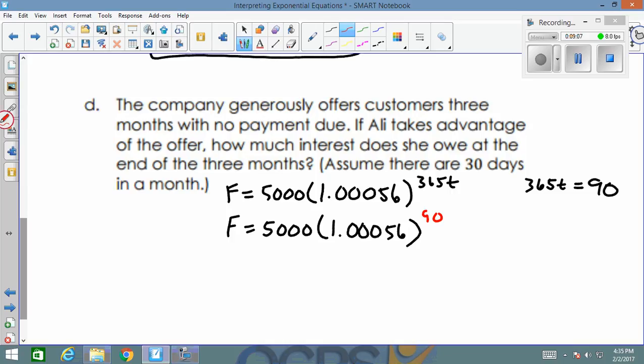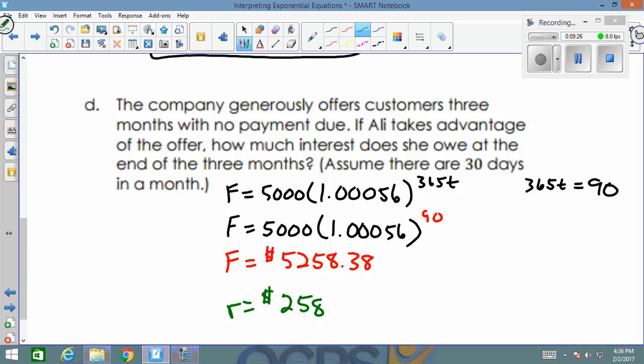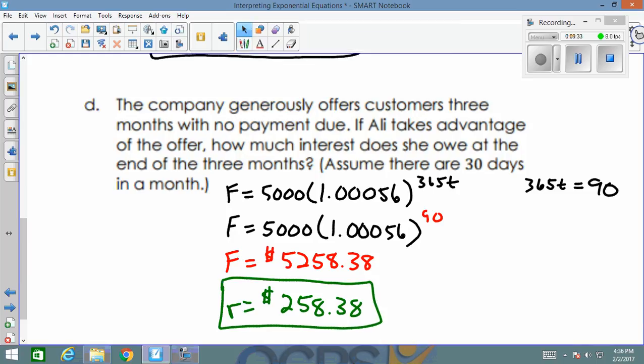Multiply that by the 5,000. And we get F is equal to 5,258.38. But that's not what it asks us for. It asks us for the interest. The interest is going to equal $258.38. That is how much interest was added on in the 3 months that it just sat there.